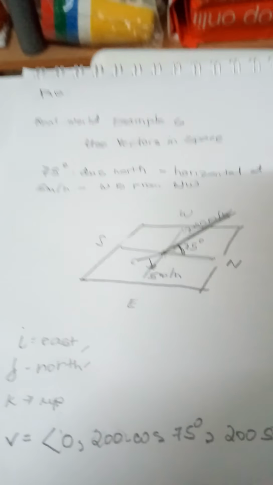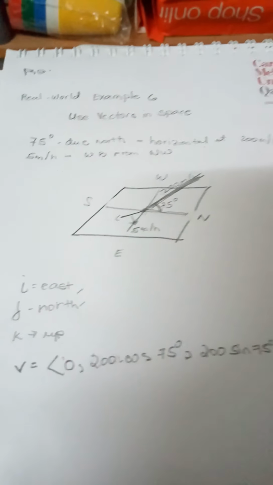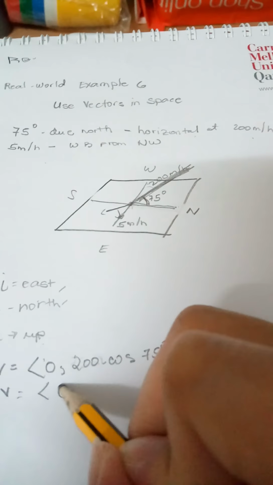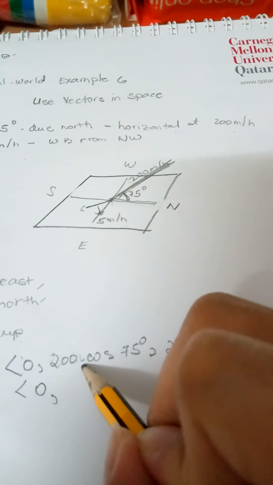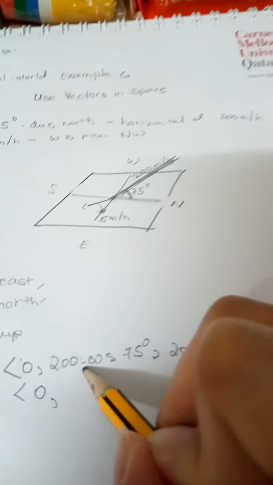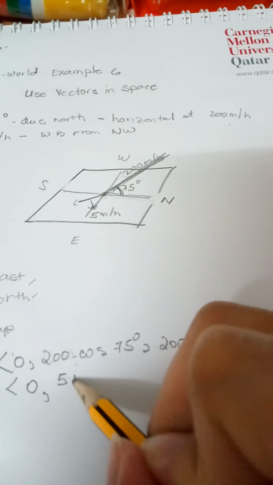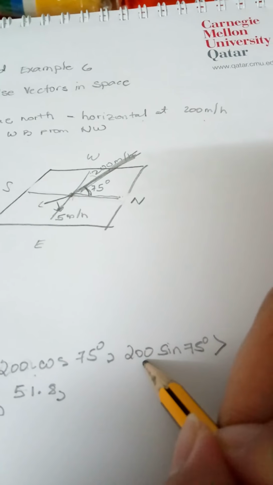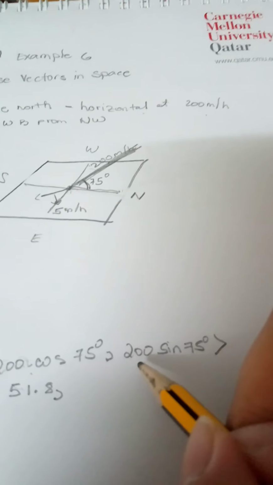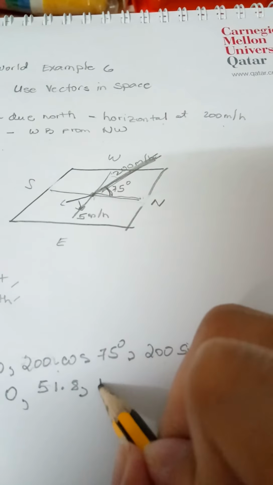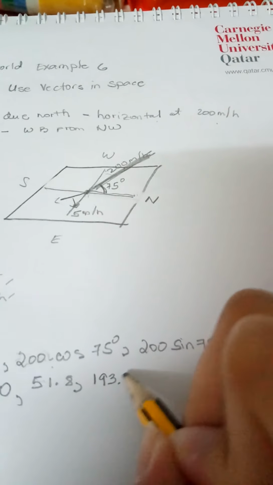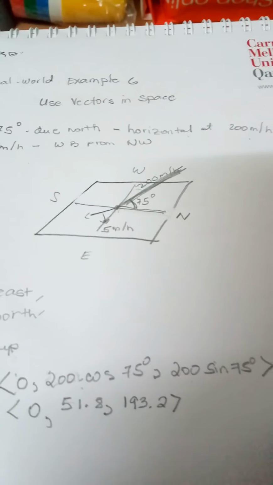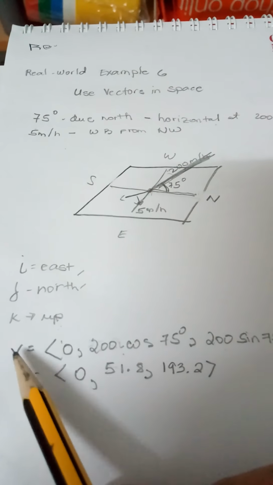Okay, so we're complete. If we compute this, V equals 0, 200 cosine 75 is approximately 51.8, and 200 sine 75 is approximately 193.2. So we already represent the velocity.